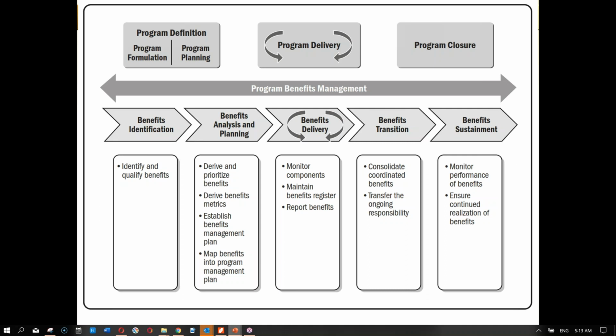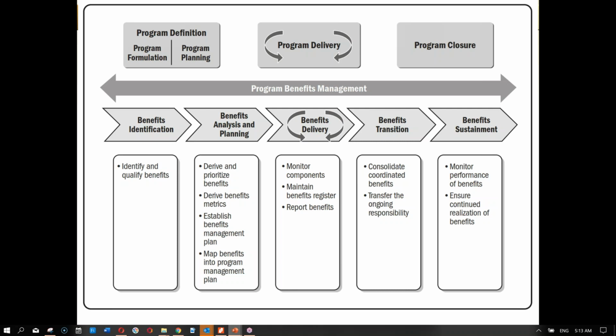Now, maybe some of the components or all of the components have closed down. As they close down, they will keep reporting their benefits, and we will start the transition process. If it is incremental transition, then probably we are delivering the benefits while we are in the benefit delivery stage.